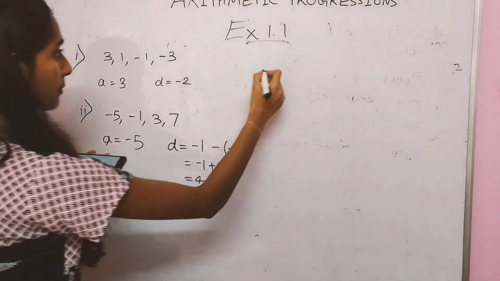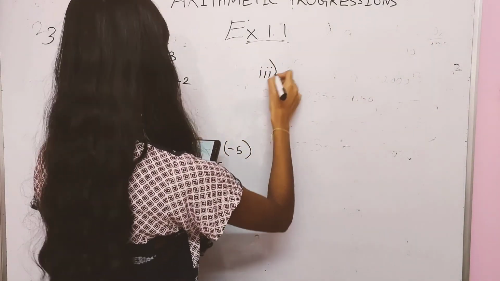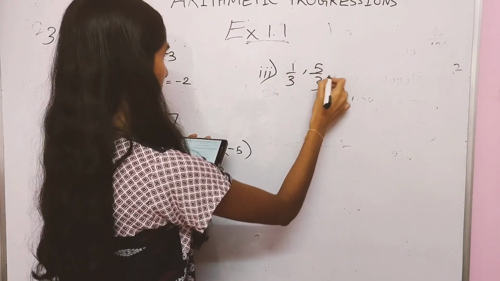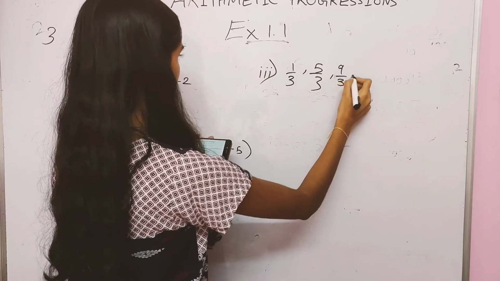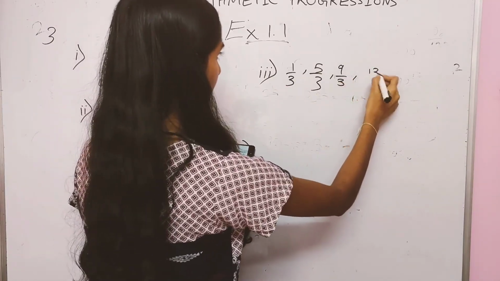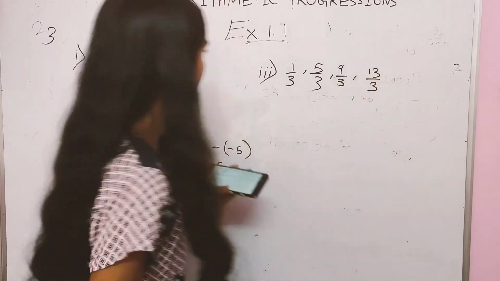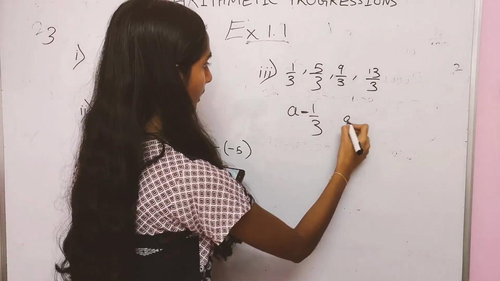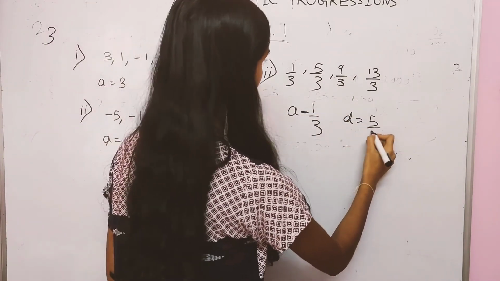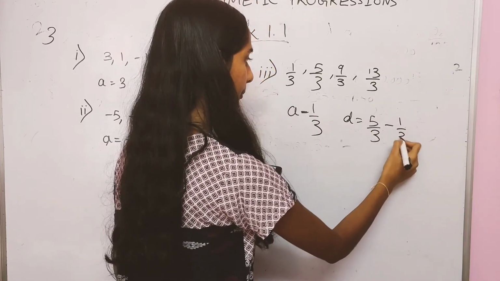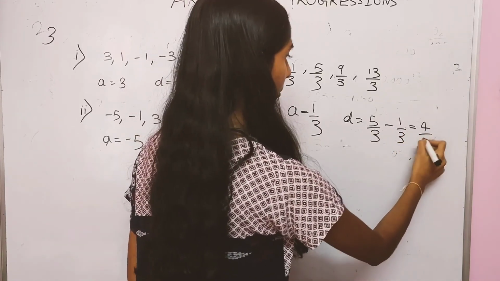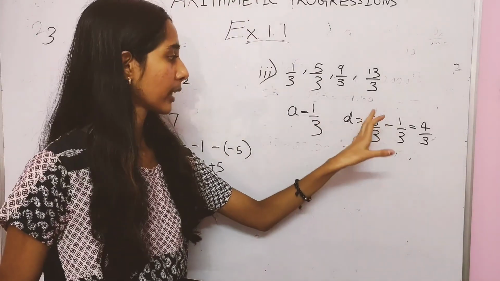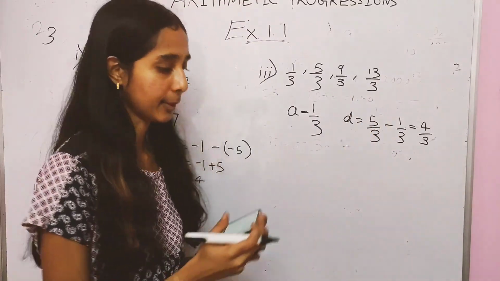Third one, 1 by 3, 5 by 3, 9 by 3 and 13 by 3. First term is 1 by 3. The common difference is 5 by 3 minus 1 by 3, 4 by 3. When the denominators are same, you can subtract or add them directly.